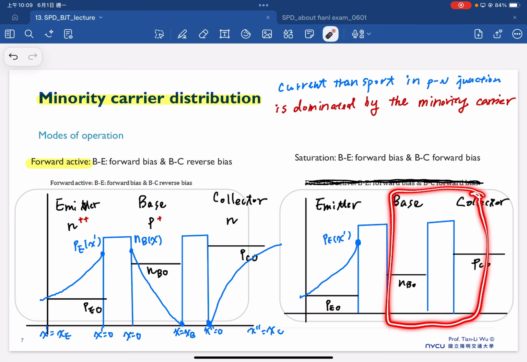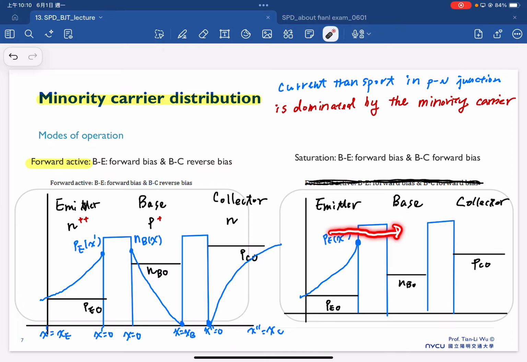Therefore there's a slight difference compared to the left-hand figure, because right now this is under forward bias, so the holes are able to inject into the base region. Because of the emitter, the electrons are able to inject into the base region. But because the base collector is under the forward bias, the electrons are able to go through again from the base to the collector as well.